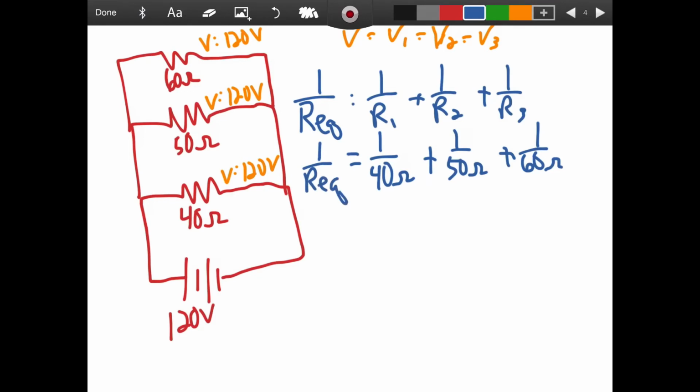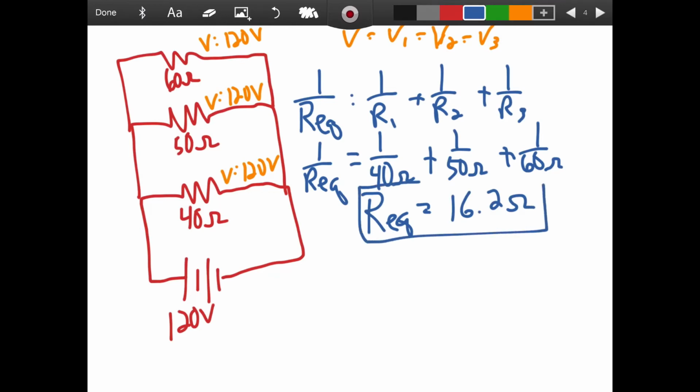Let me do this in my calculator very quickly. So we get the REQ of this circuit to equal 16.2 ohms. And if you are having trouble getting this, make sure you reach out to me and I will show you a nice trick on how to do that in your calculator very easily.